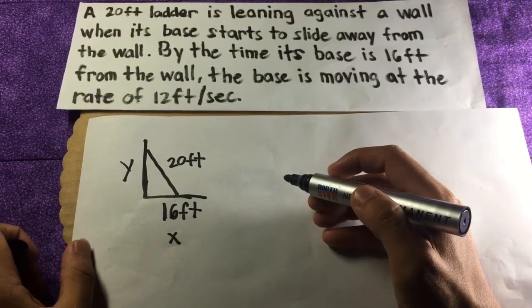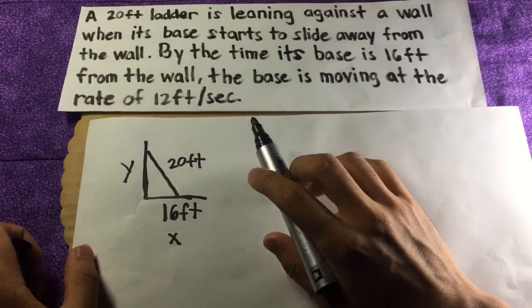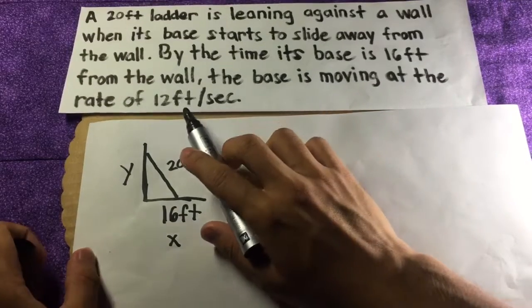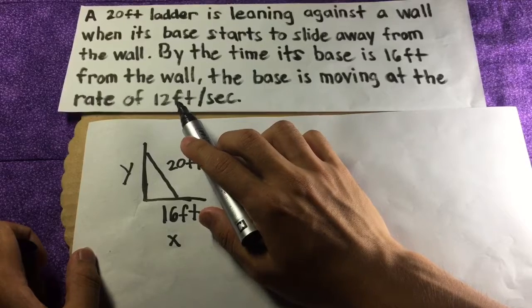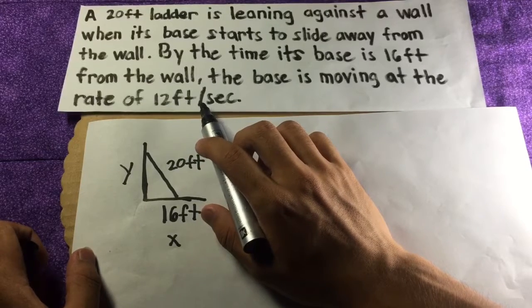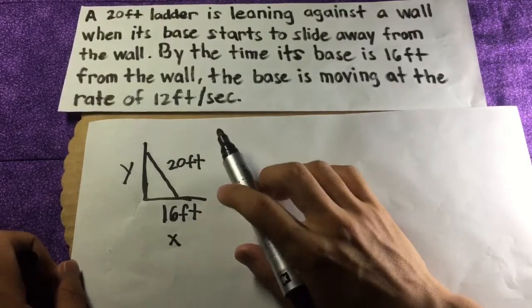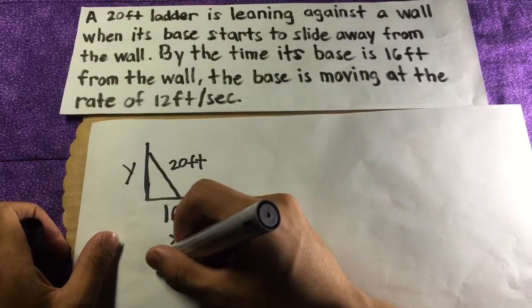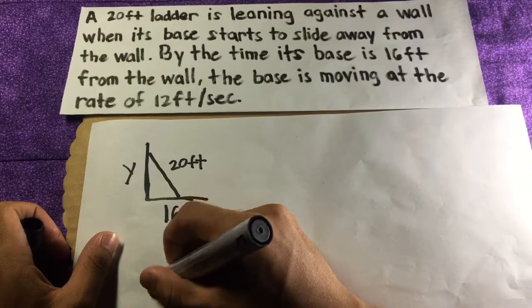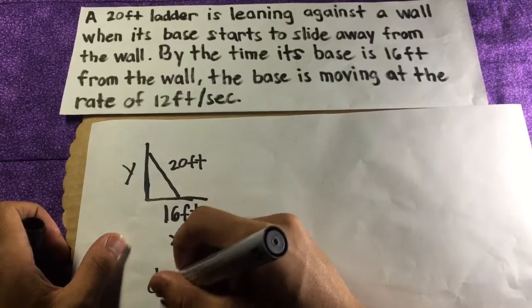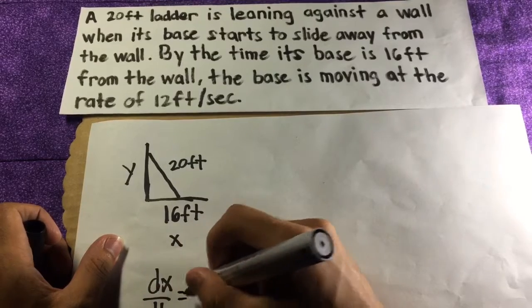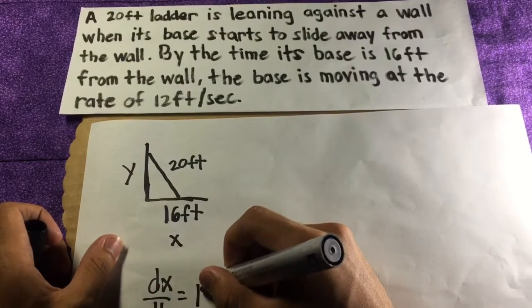The given is that dx over dt is equal to positive 12 feet per second at the moment. So our dx over dt is equal to 12.